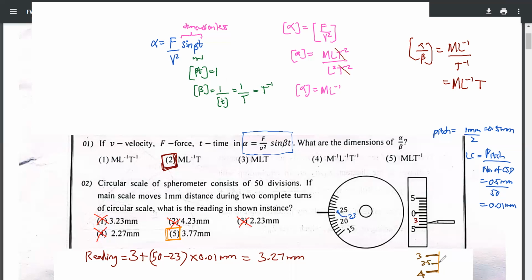Our disc is here. Does it make sense? This is where the disc is. So instead of 3, we have to put 3.5. If they had given 3.27, we can consider that answer. But so 50 is the answer. If you put 1, it's definitely wrong because the disc is below 0. So 50.